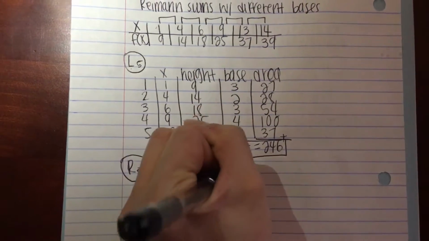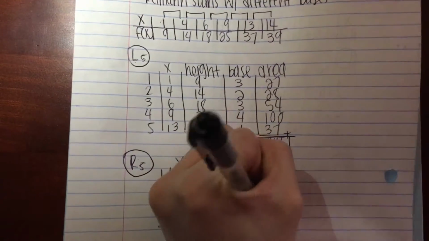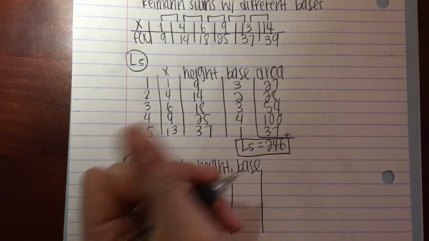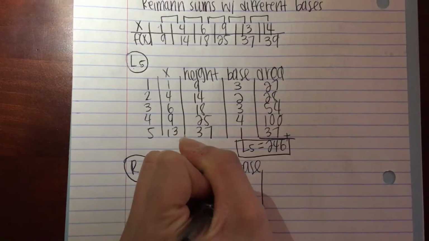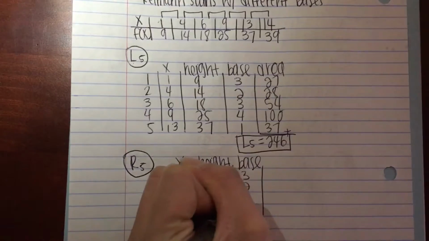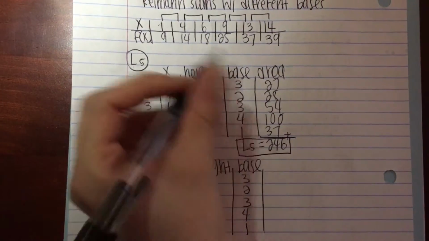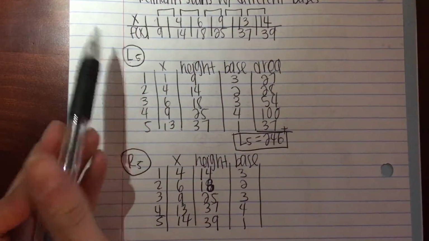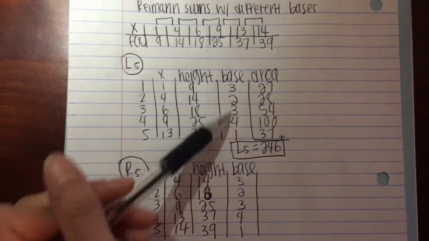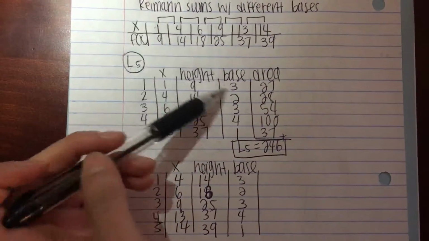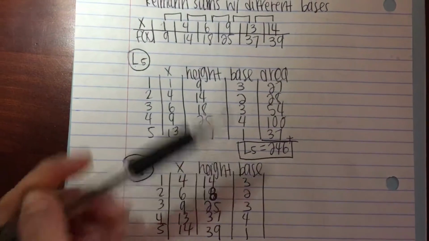And then, same exact thing, base times height. My bases are 3, 2, 3, 4, and 1. They're all the same rectangles. It doesn't matter if you're on the left-hand side of the rectangle or right-hand side. They're always going to be the same bases depending on which rectangle you're at. So I just copied those down.